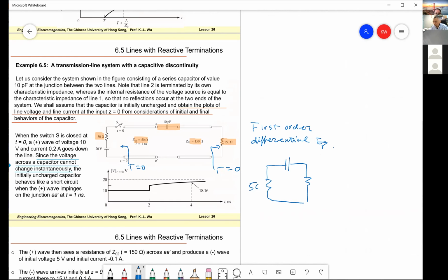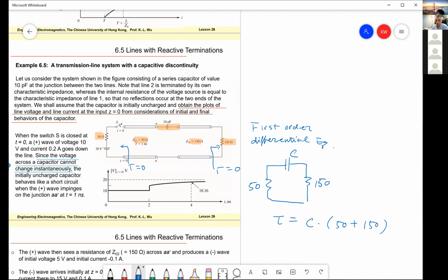This is 50 ohm, this is 150 ohm, and this is C. So the time constant is C times (50 plus 150). That is the time constant for this circuit.